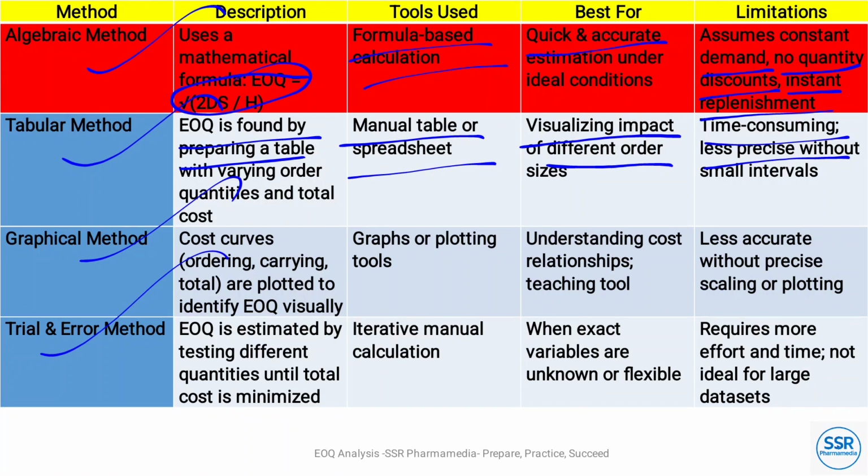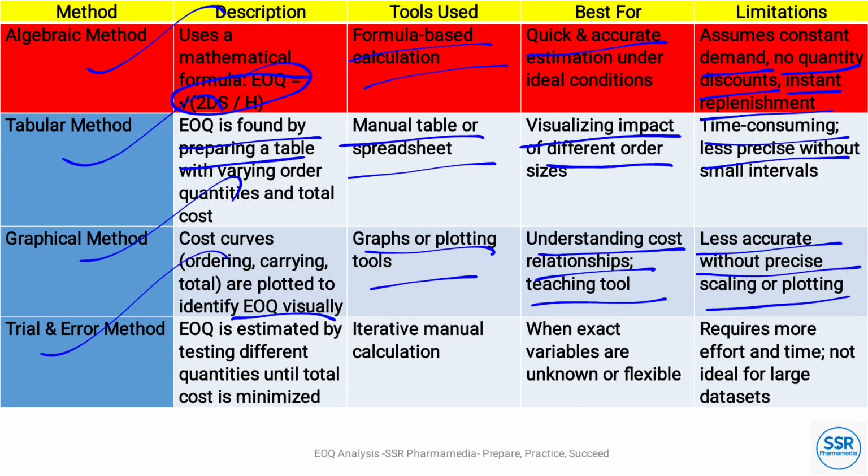The third method, graphical method: cost curves for ordering, carrying and total cost are plotted to identify EOQ visually. Tools are graphs or plotting tools. It is best for understanding cost relationships and as a teaching tool. The limitation is that it is less accurate without precise scaling or plotting.